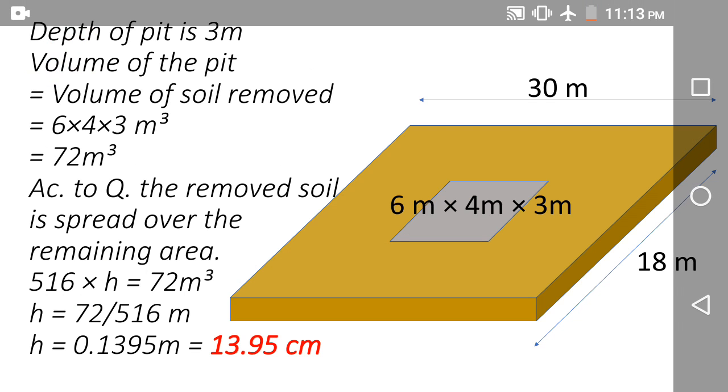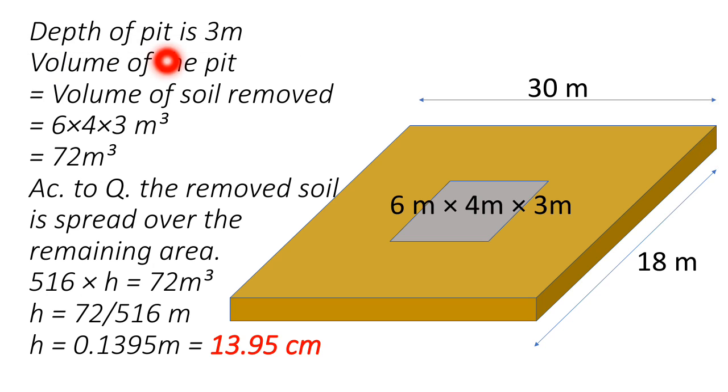Now go to the next page. Here the depth of the pit is given as 3 meter. Now if the depth is given as 3 meter and we have the length and breadth, we can calculate the volume of the pit, and the volume of the pit gives the volume of the soil removed from that pit.